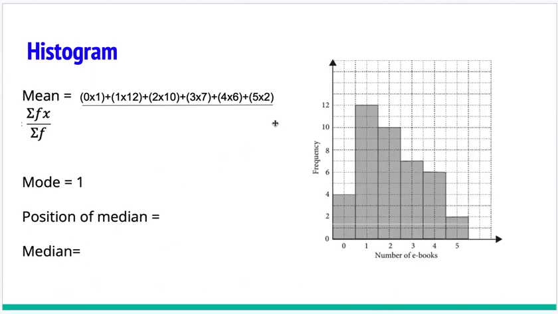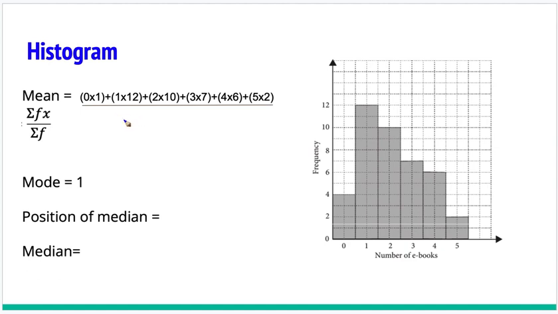Now we take a look at the histogram. So once again, in the histogram, the data is already arranged. And again, we take the frequency. In this case, the frequency is the height. So we take the frequency times the score for each number and add all together, just as before. Right?